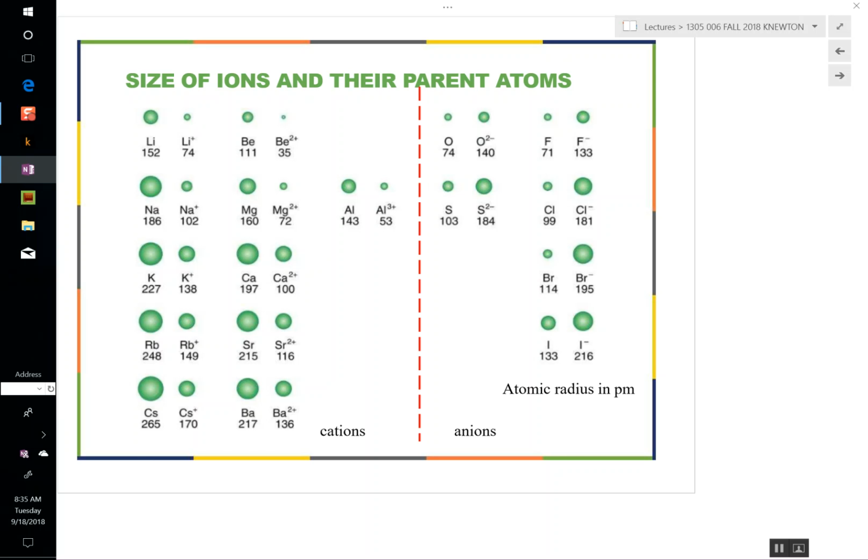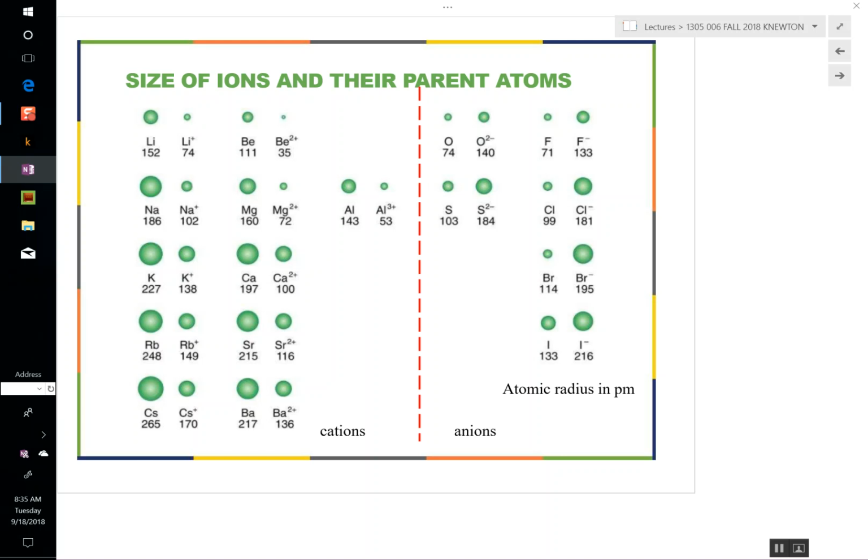Now, a cation is a positive ion. Cations are smaller than the parent atom they came from. Always. Anions, negative ions. So put negative next to here. Anions are negative ions. Chlorine atom is smaller than the chloride ion. What has that done? That has gained an electron to become isoelectronic with what?